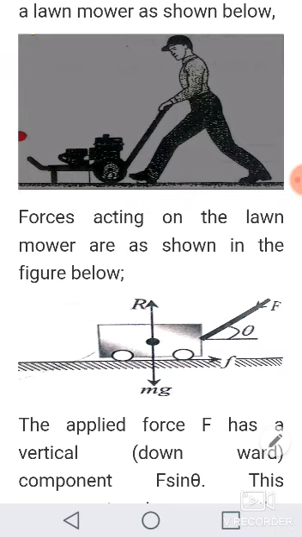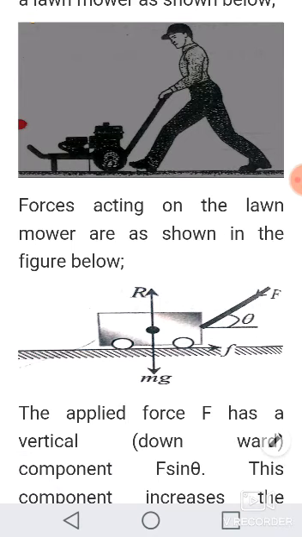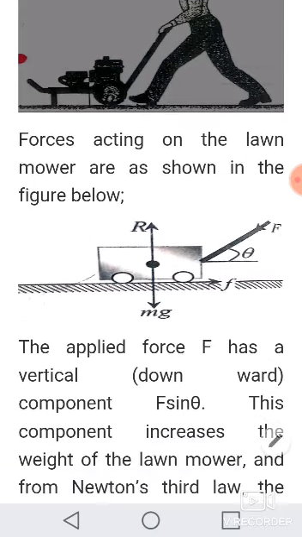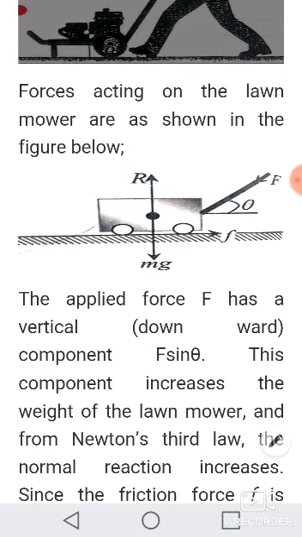Now this force, as we know, has two components, a horizontal component and a vertical component. The horizontal component is F cos theta, which helps this object to move forward. The vertical component, which is downwards, is F sine theta. Now F sine theta is in the same direction as the weight. So when you add the two, mg plus F sine theta, the resultant weight is going to be too big.